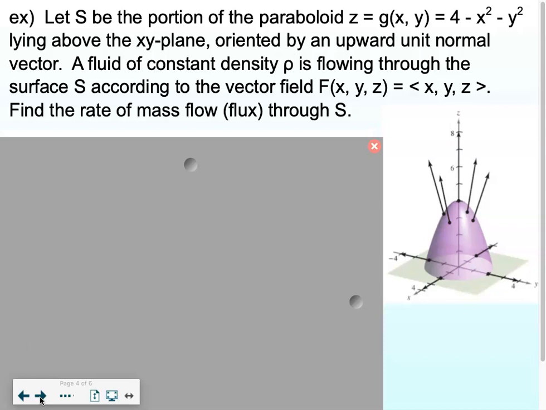And your normal vector n would be negative partial x, negative partial y, and then positive 1, because our normal vector is oriented up.